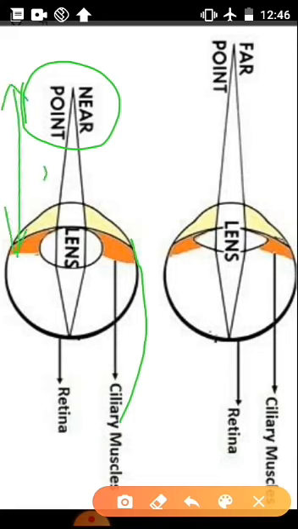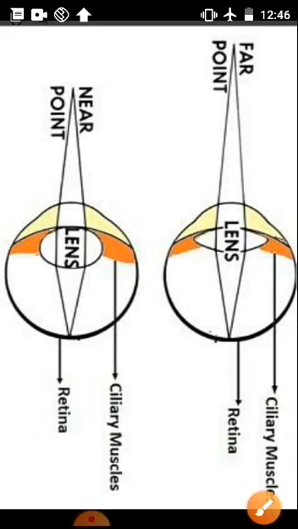When the ciliary muscles contract, decreasing the focal length of the eye lens, then we can get a clear image at the near point of the object. Is it clear?